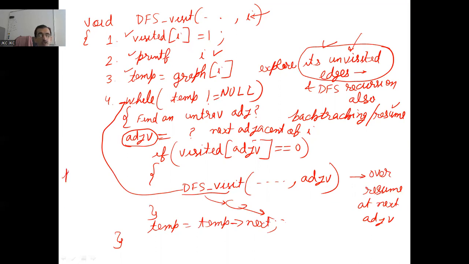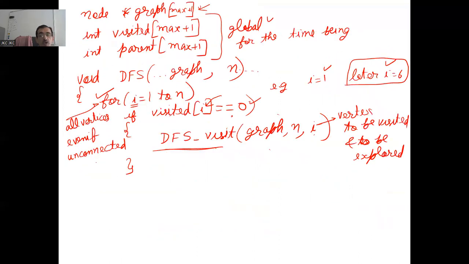Till now, I have not used parent. The parent array is nowhere updated. How to update? I have to update it at some place where the parent is known, not in the previous module. Here, there is no idea who the parent is because no recursion started, no adjacent started.